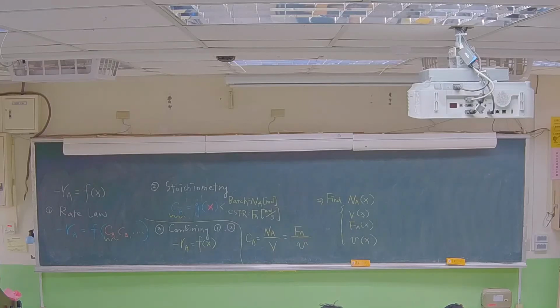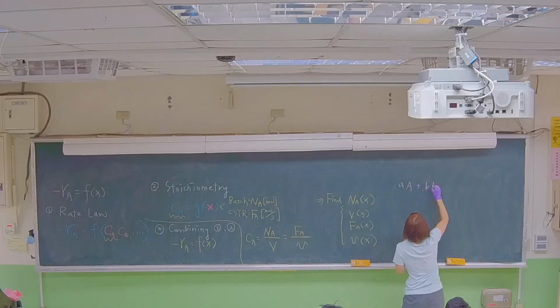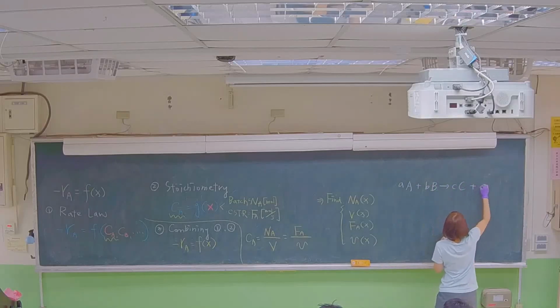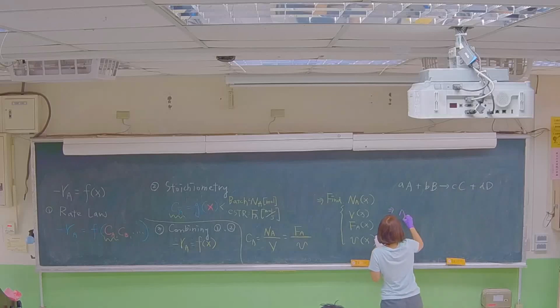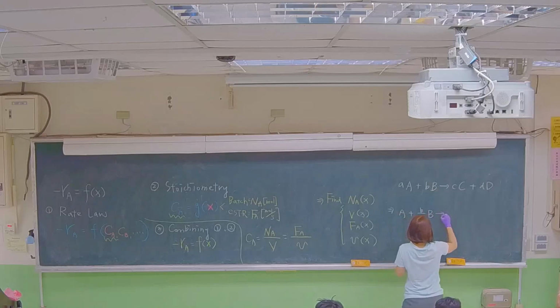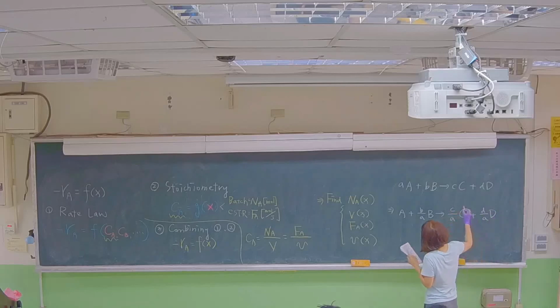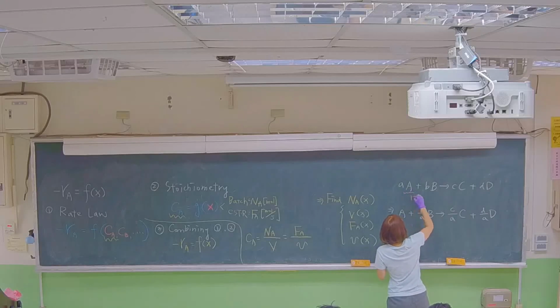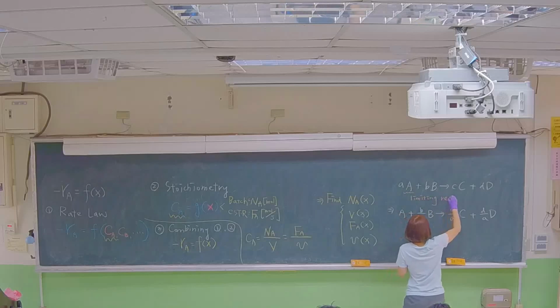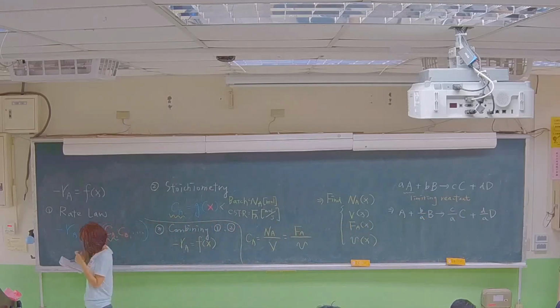Relative rates of reaction. So for a very simple reaction, aA and bB become cC and dD.